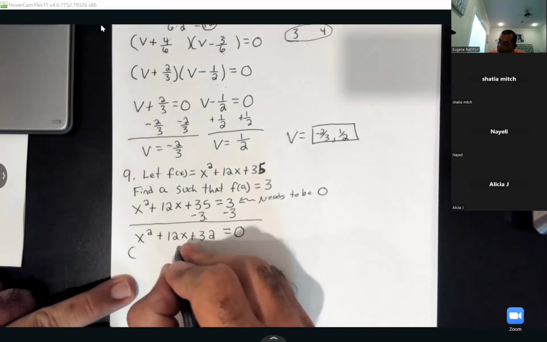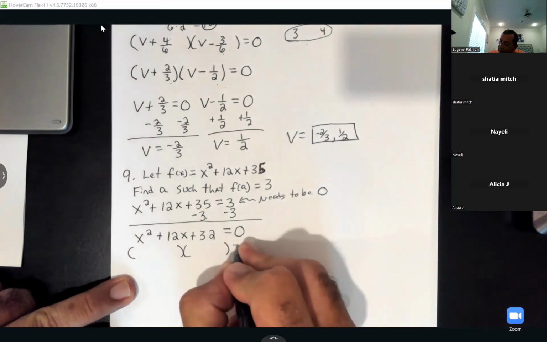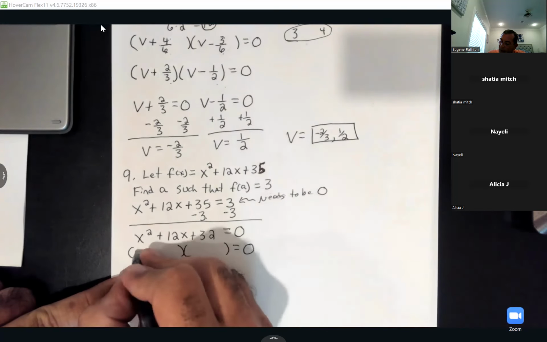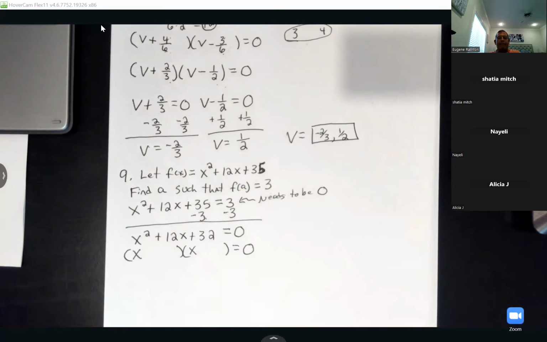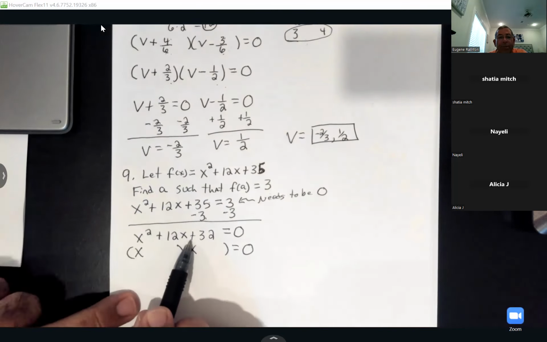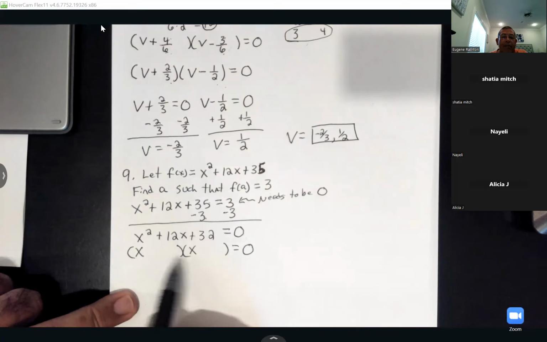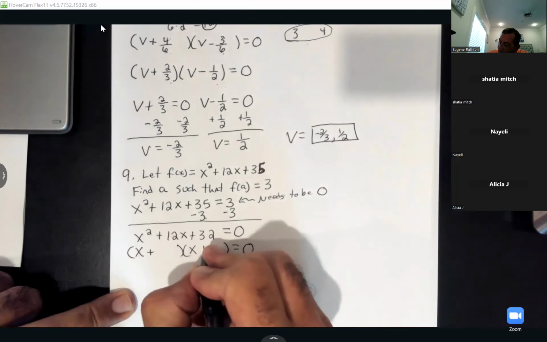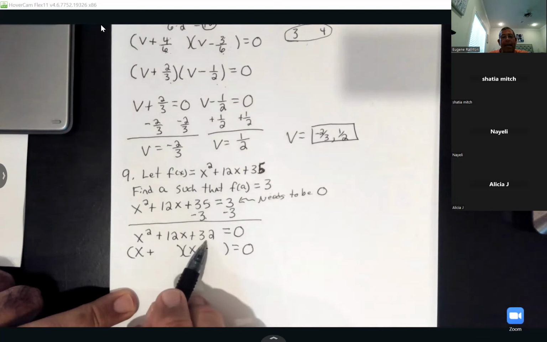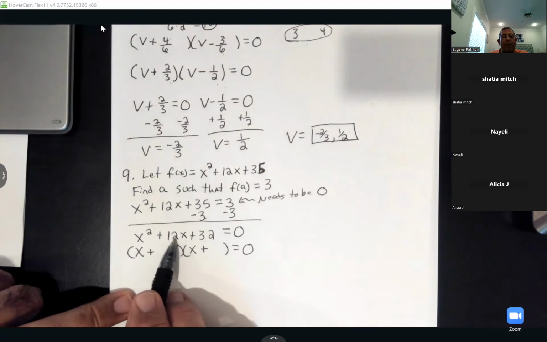So we're going to go factor this. So y'all, x squared means an x and an x. Last number's positive, so both of these factors are going to be positive like the middle. I need factors of 32 that'll give me a 12.